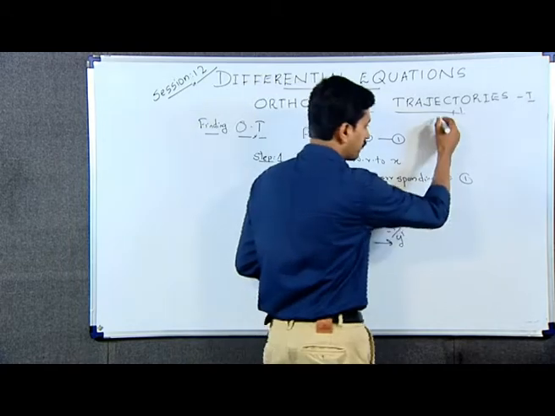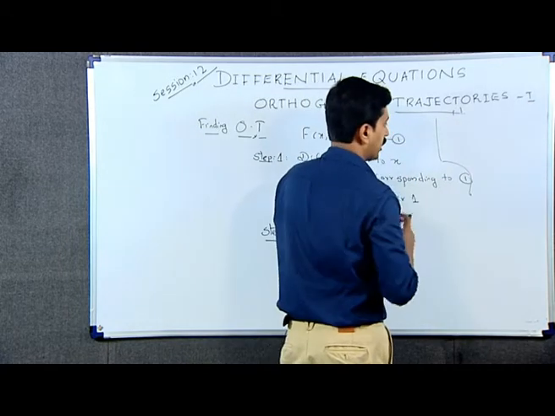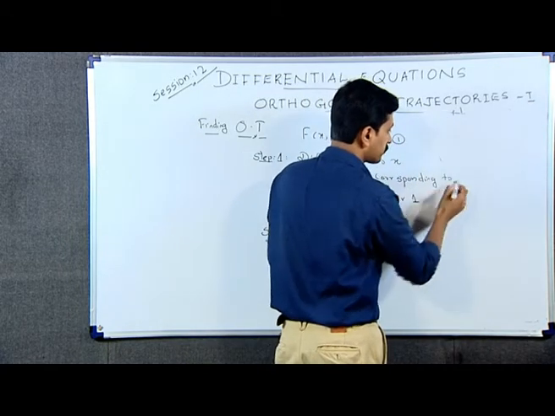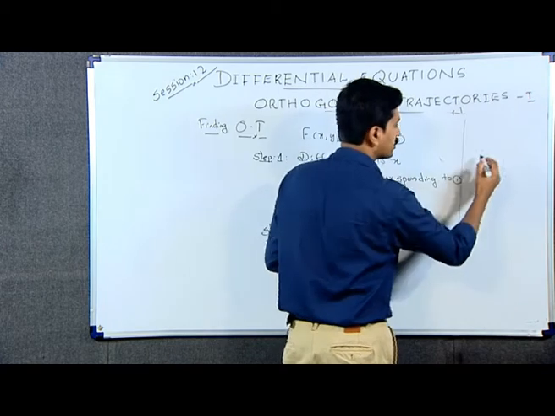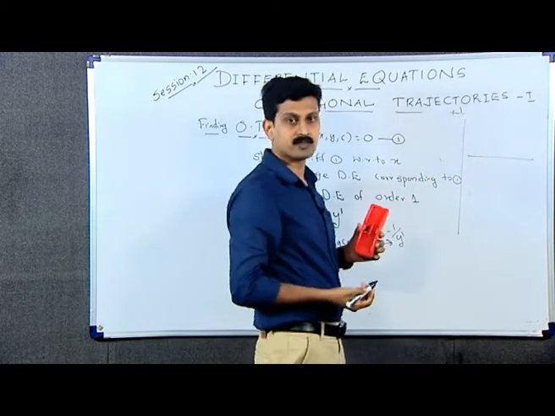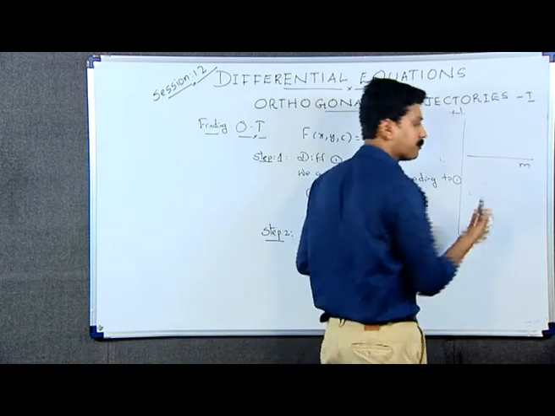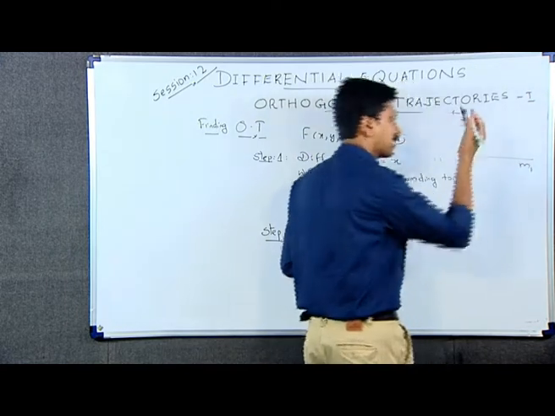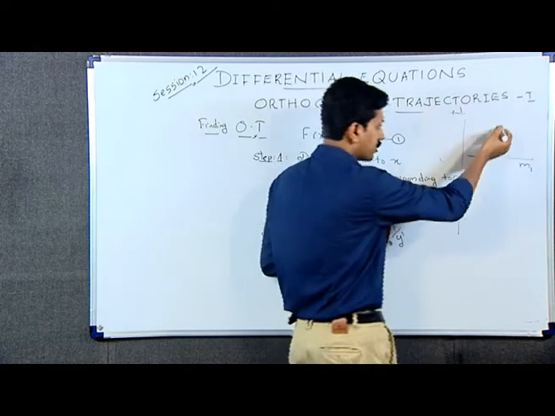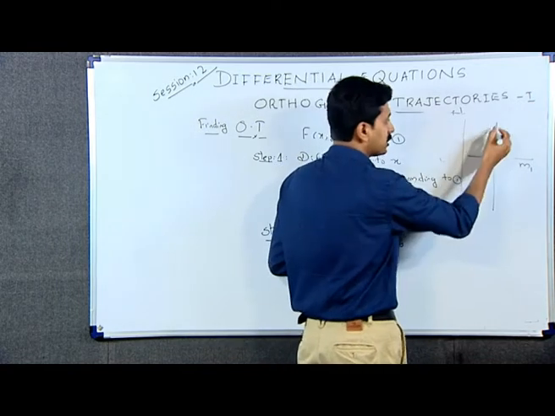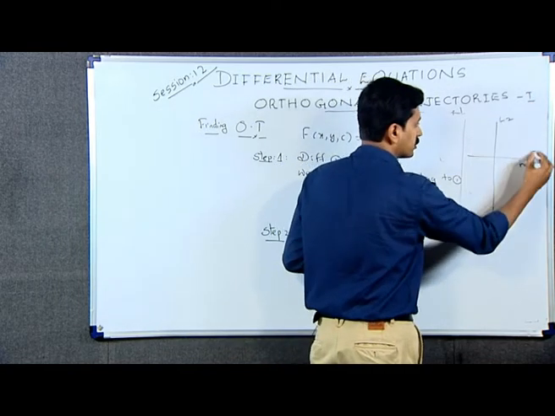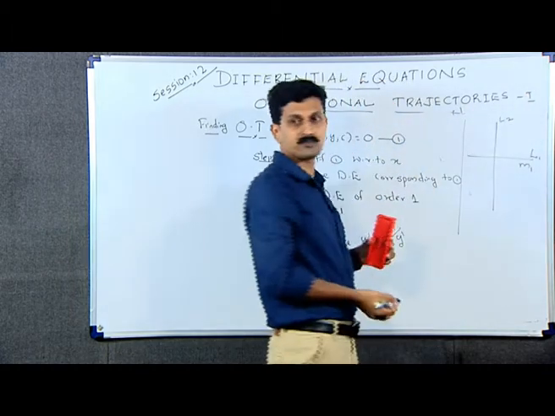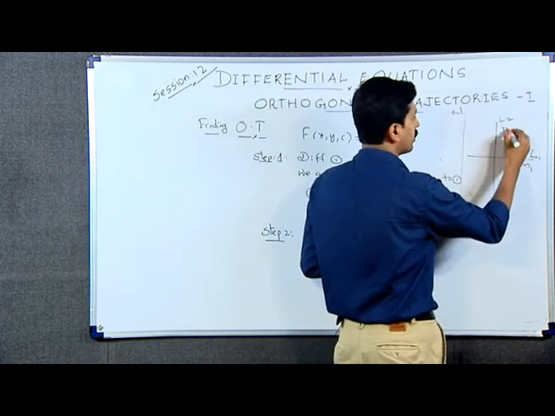In straight lines we studied that a straight line L1 has a slope, I am taking it as m1, and another straight line L2 has a slope m2.